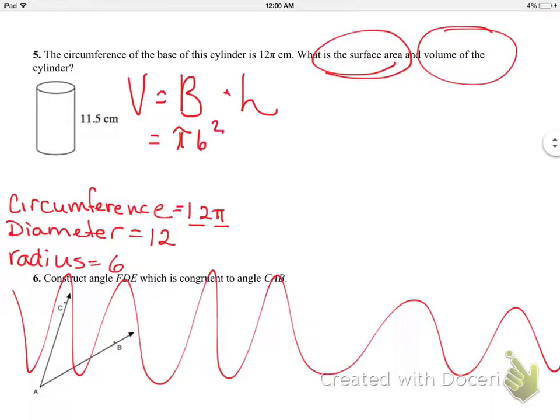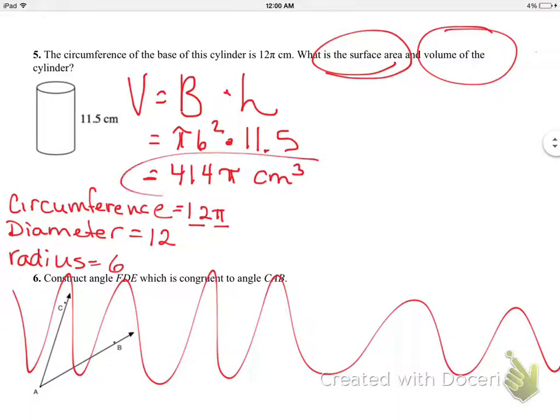Sounds like area to me. When I multiply those together, 414 pi centimeters cubed for the volume.